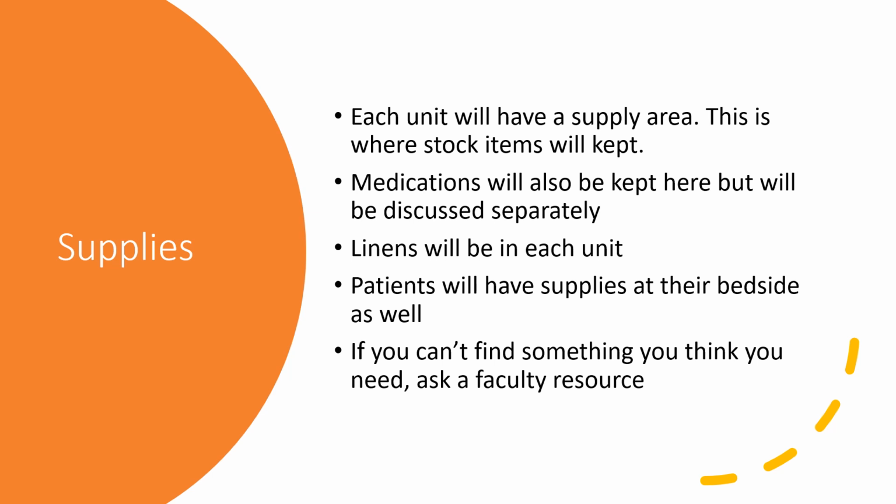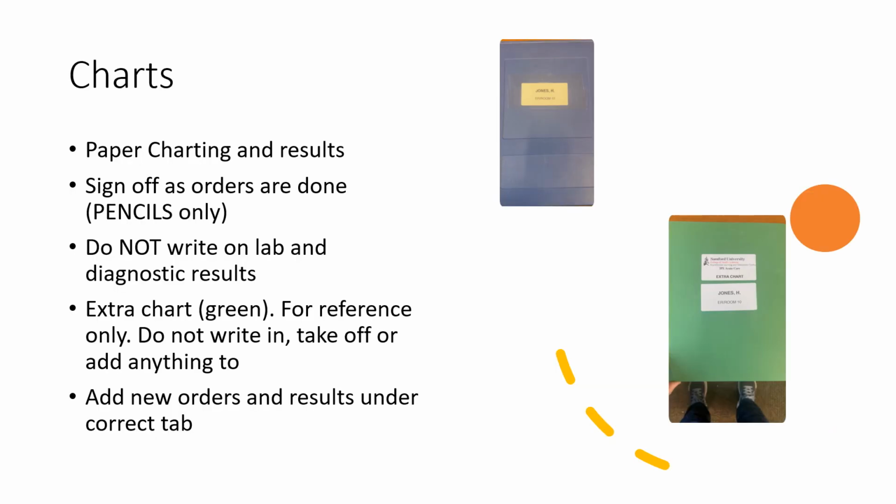If looking in both of those places and you still can't find something that you think you may need, ask one of the resource personnel in the room. For this simulation, we will be using paper charts and results. These will be found in the blue chart with the patient's name on the front.